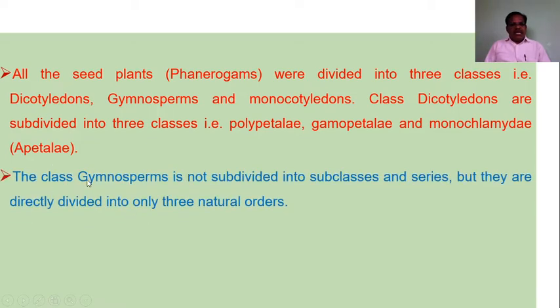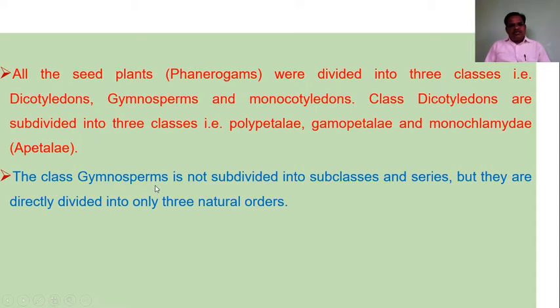Then the class Gymnosperm, just now I told you what the characters of this class are. Gymnosperm is the group of the plants in which the flowers are present, seeds are present, but seeds are always open on these megasporophylls, an open seeded group of the plant. Gymnosperms have slow growth.